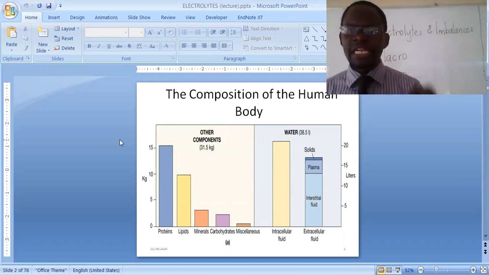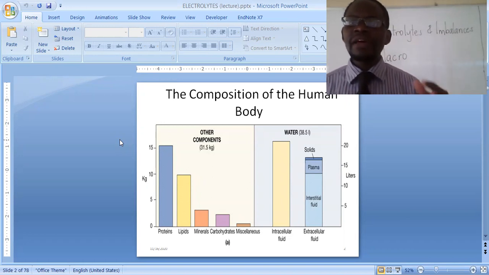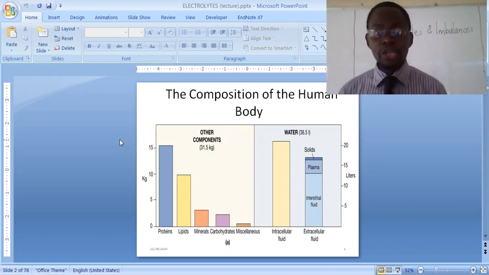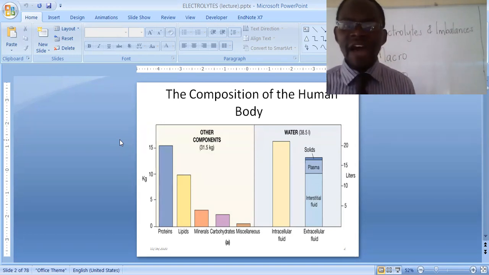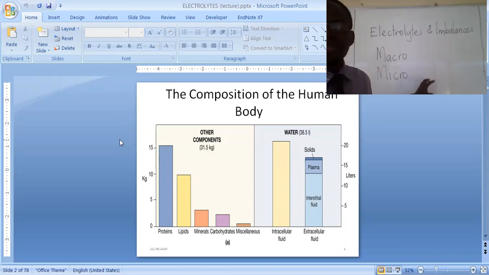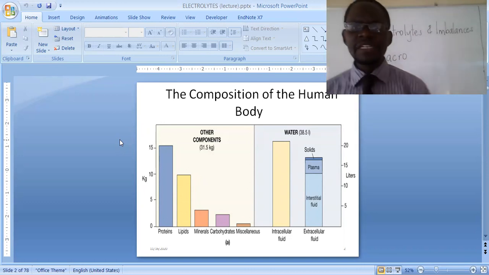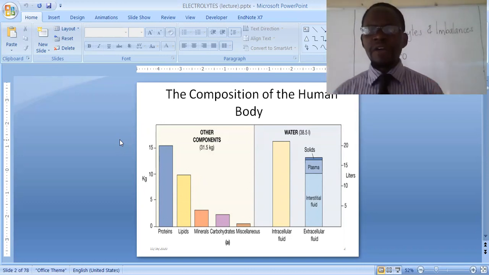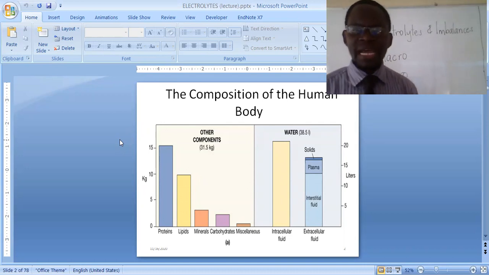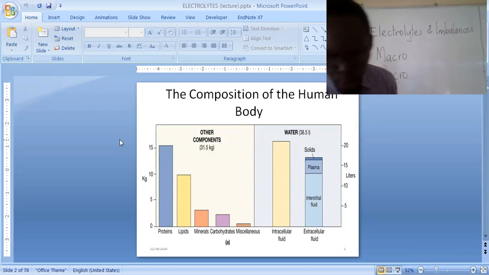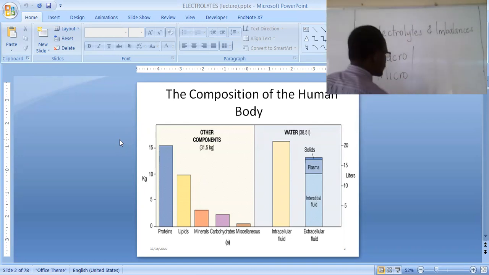the components of your intracellular, in other words, the water that is located within your cells, is 38.5 liters. Now, it is also very important for you to know that the body is composed of what we call compartments, yeah? Compartments.